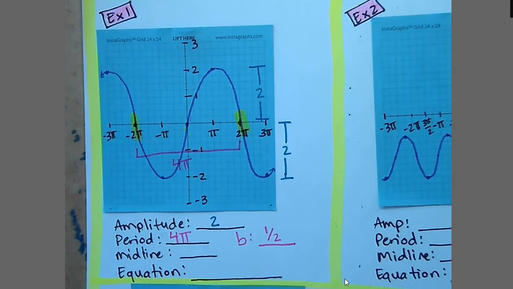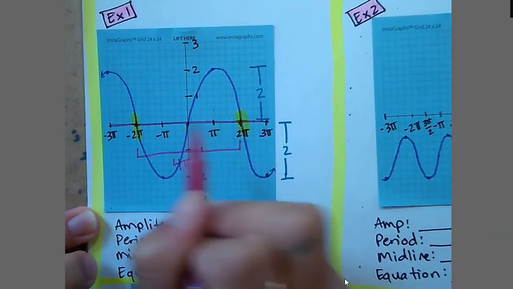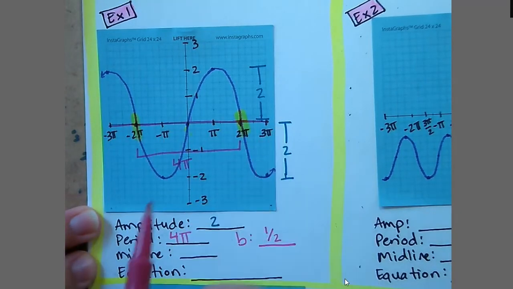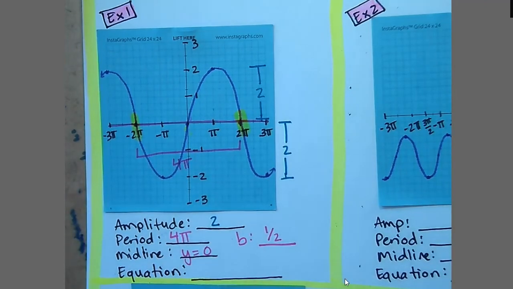All right, the next thing that we can do is the midline. So here, the midline is what cuts it in half. Since this cuts it directly in half, that is y equals 0. That is your midline, y equals 0. Okay, so now we're going to write our equation. The only other thing that we need for our equation is we need to decide whether this is sine or cosine.